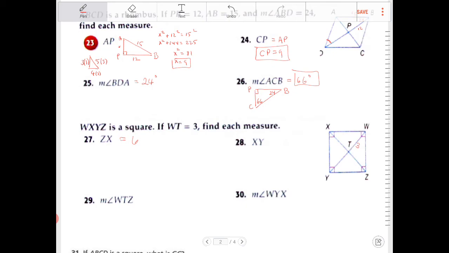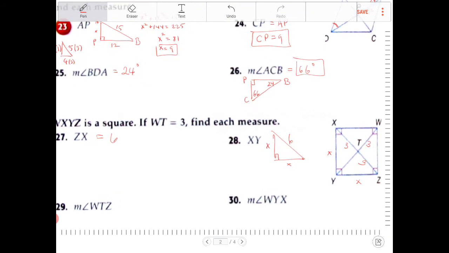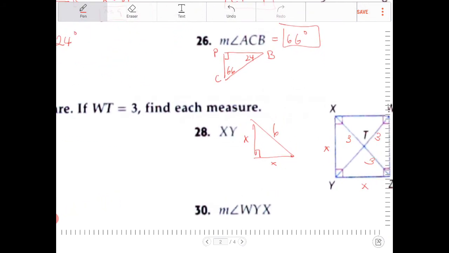XY, well, since this is 3 and 3, this is 6, I can solve for what those sides are by using the Pythagorean Theorem. This is a square after all, so these two sides are going to be the same length, and not only that, they're going to be perpendicular to one another, so I can apply the Pythagorean Theorem.